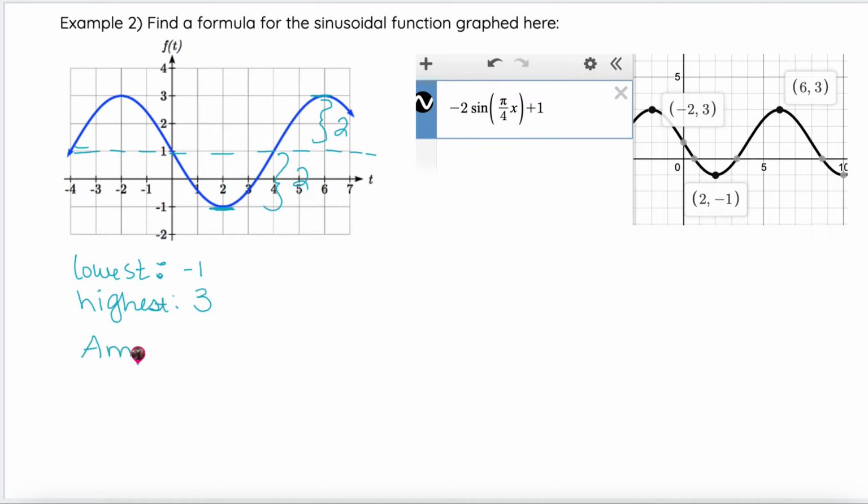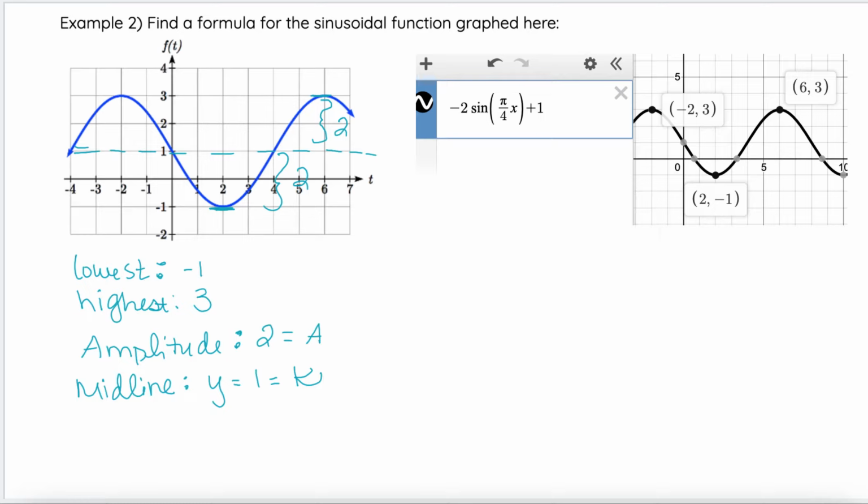So I know then that my amplitude is 2, so we have our a value. We know our midline is the equation y equals 1, so we also know our k value.